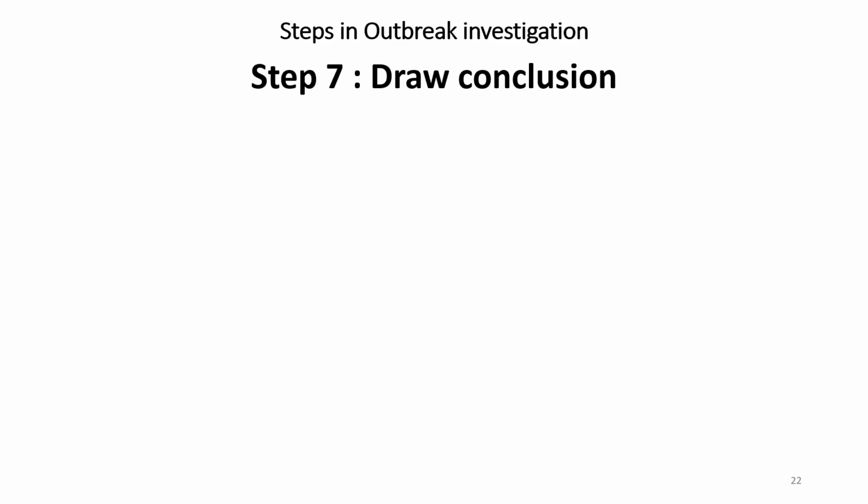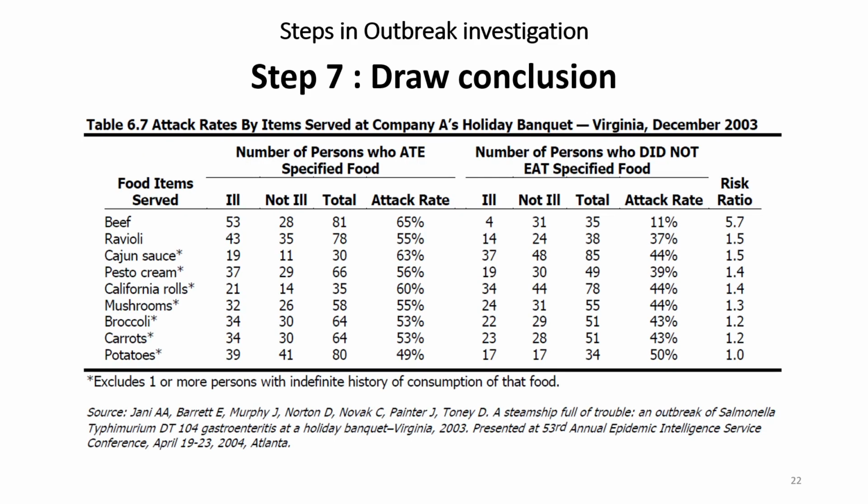For example, let us take this food poisoning outbreak here, where you can see different food items were served, and among all this, 53 people who ate beef became ill, and 28 people who ate beef did not become ill. Similarly, 4% of those who did not eat beef became ill, and 31% of those who did not eat beef did not become ill.